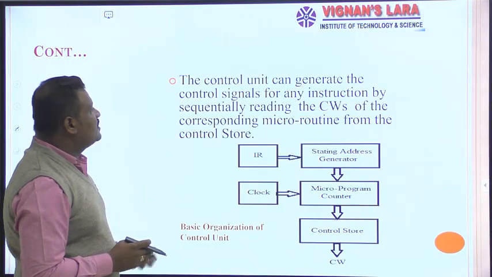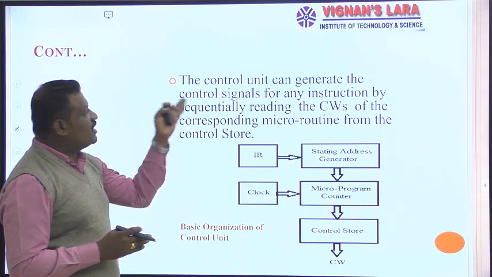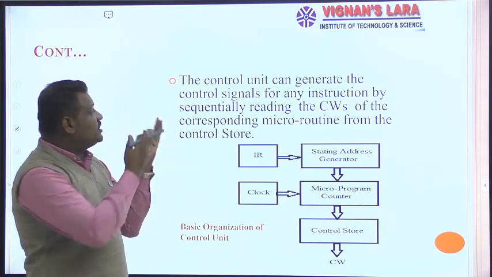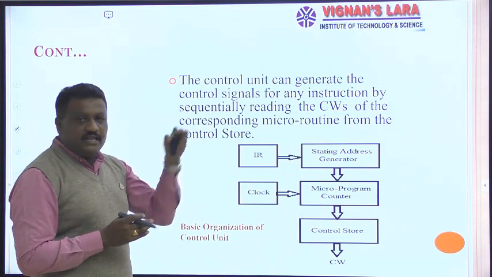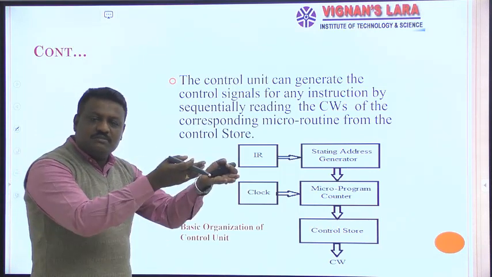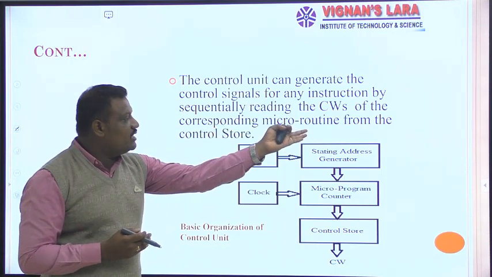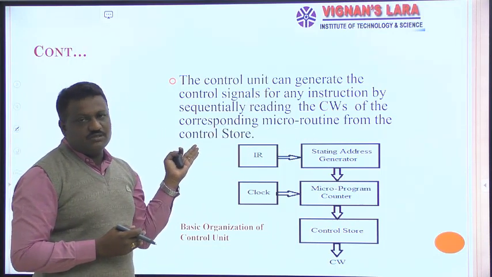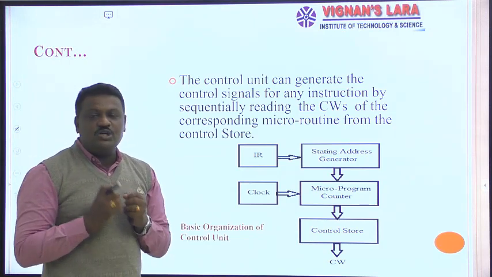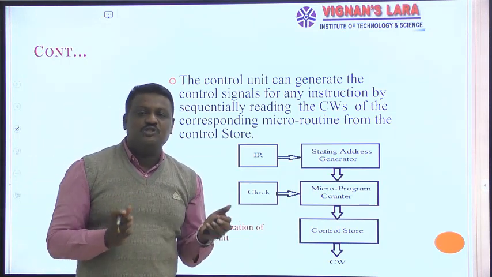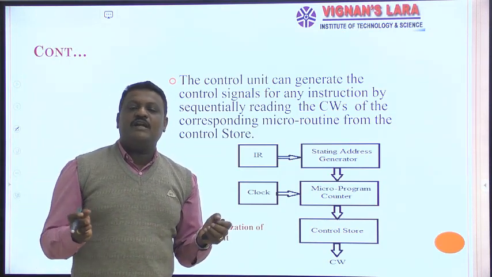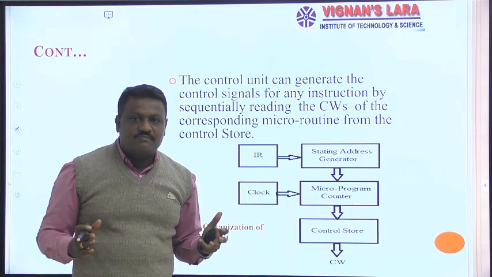Alright. Next, the control unit can generate the control signals for any instruction by sequentially reading the control words, nothing but micro instructions, of the corresponding micro routine from the control store. That means, in order to execute an instruction in a smoother way, definitely I need a set of control signals.